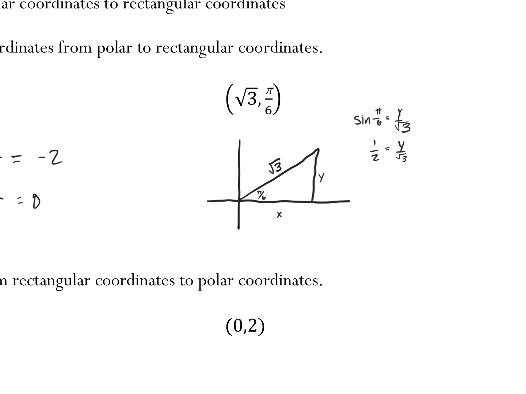Everybody good? And then so y is equal to root 3 over 2. Cosine of pi over 6 equals y over the square root of 3. Square root 3 over 2 equals y over the square root of 3.